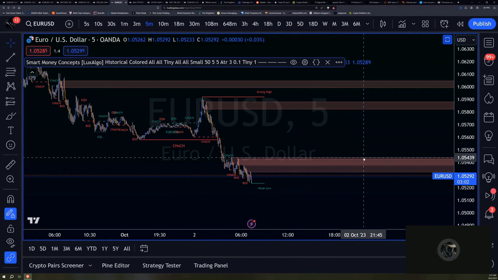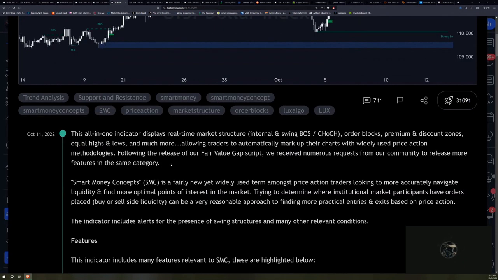This is an all-in-one indicator, displays real-time market structure, order blocks, premium and discount zones, equal highs and lows, and much more, allowing traders to automatically mark up their charts with widely used price action methodologies. Following the release of our fair value gap script, we received numerous requests from our community to release more features in the same category.